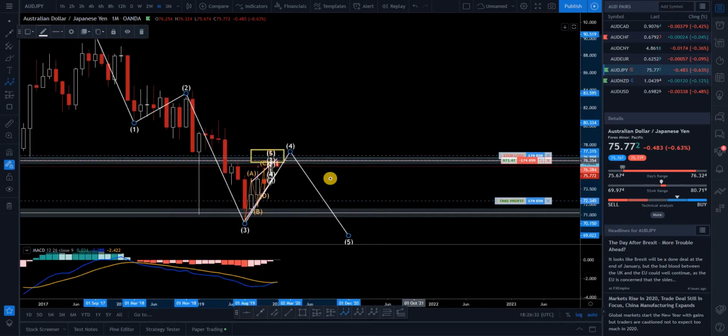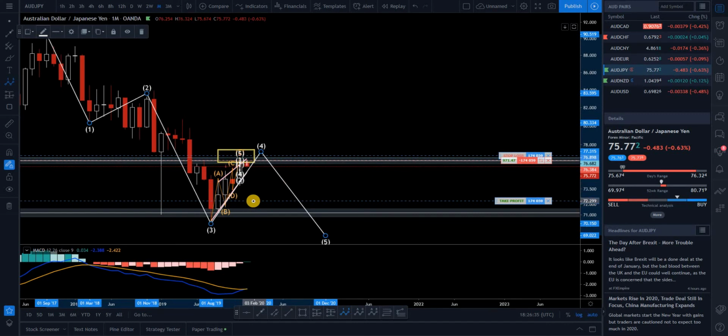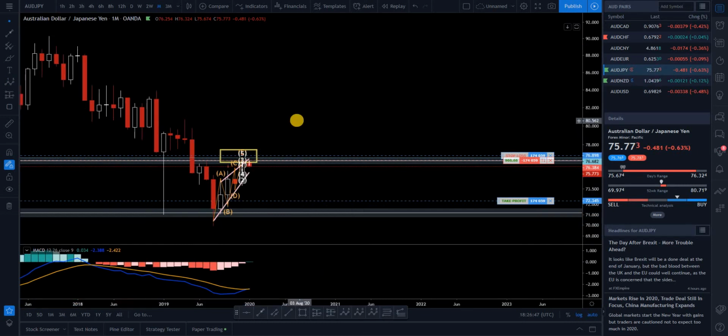If I fatten this up for you, although it's very messy, it will become clearer. We are currently in the fourth wave, and I'm looking now for a reason to get on board and hop onto hopefully what will be the fifth wave.